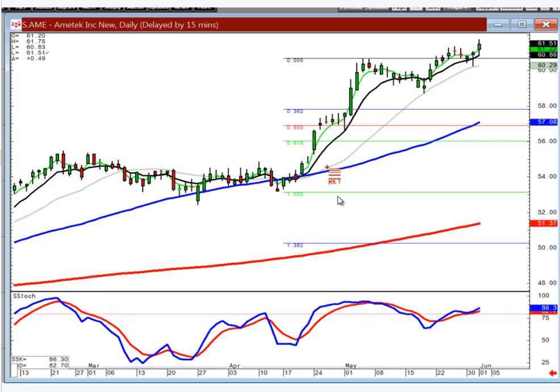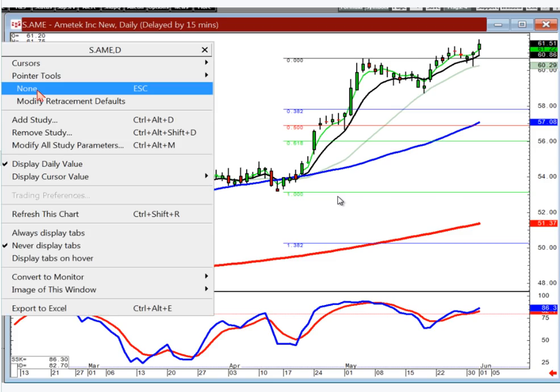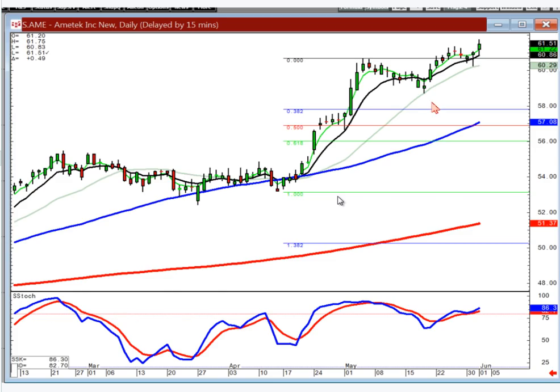So I'm not using it to make a decision. I'm using it to confirm why it was reversing at that level.